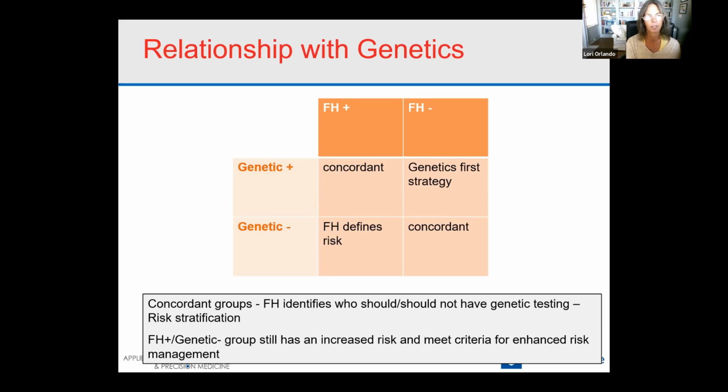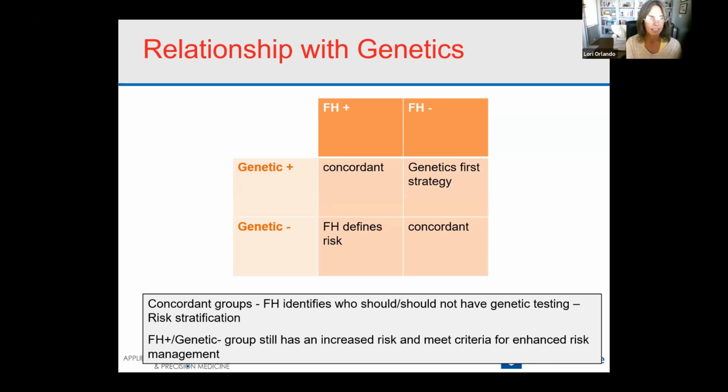So in those concordant groups, family history is your driver of who should have genetic testing, because family history is relatively easy to get compared to a genetic test, and much less expensive. So in those groups, you can be confident that the family history is going to reflect the care that the participant needs, whether to get a genetic test or not. In the discordant groups, though, there are people who have a family history that's not suggestive of an increased risk, but when they get genetic testing, they actually do have a pathogenic variant.